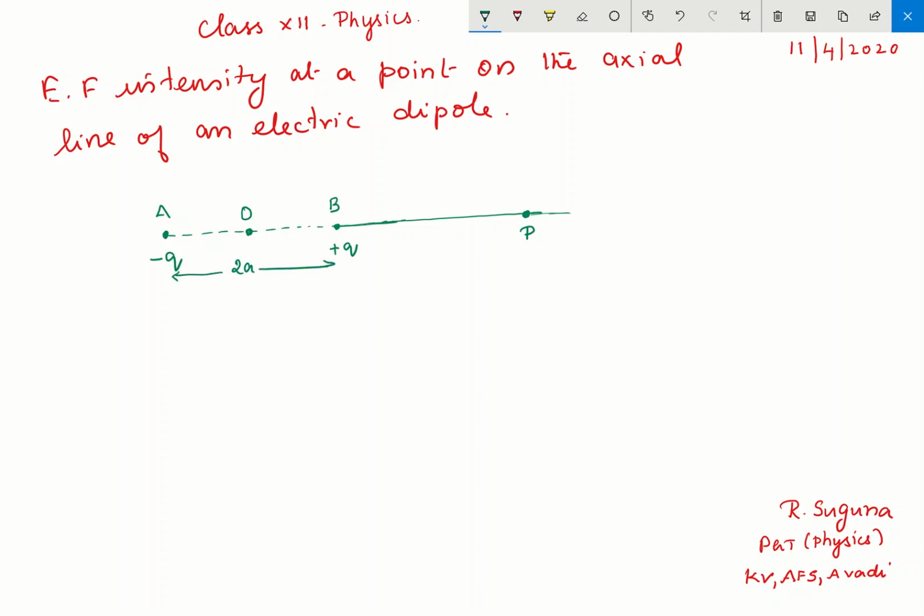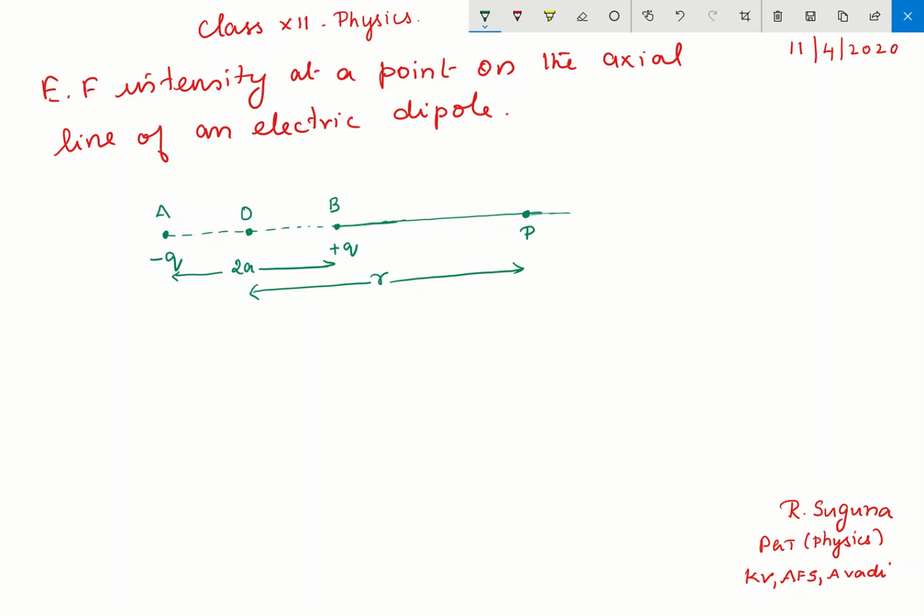The point P is at a distance R from the center of the dipole. We have to find out the electric field intensity at P due to the dipole.